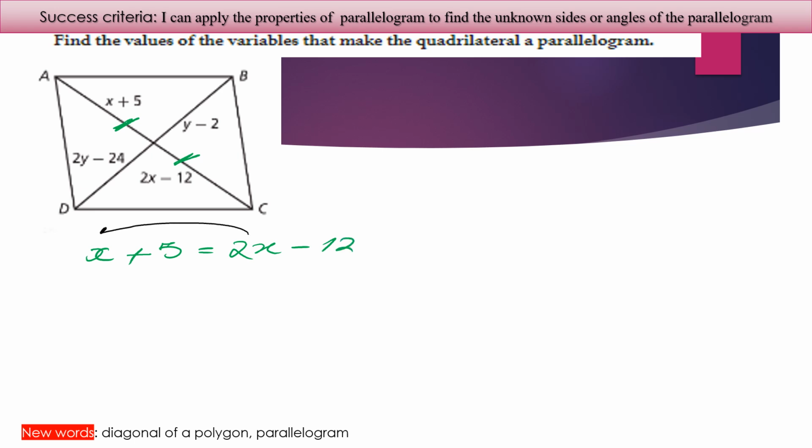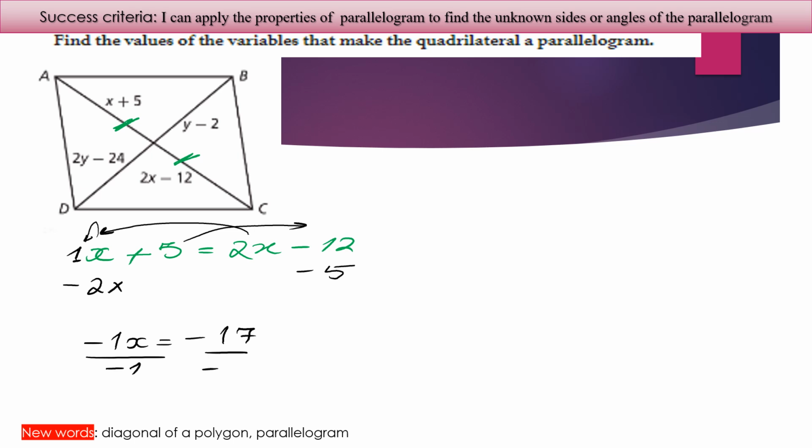I am bringing the 2x here, so minus 2x I will get. I bring the plus 5 here, I will get the negative 5. So here there is no number, which means 1 is here. So 1 minus 2, negative 1x. Minus 12 minus 5, I will get negative 17. Divide both sides by the negative 1. So the value of x is 17.